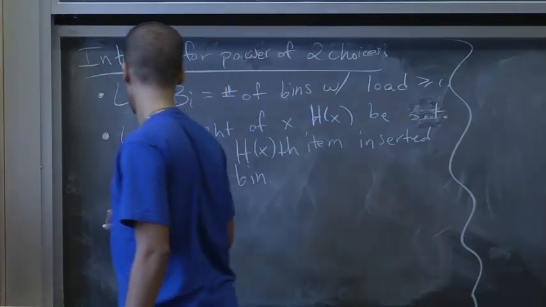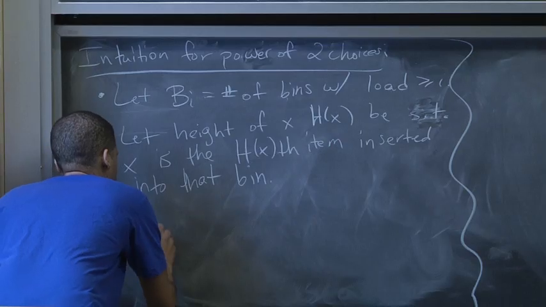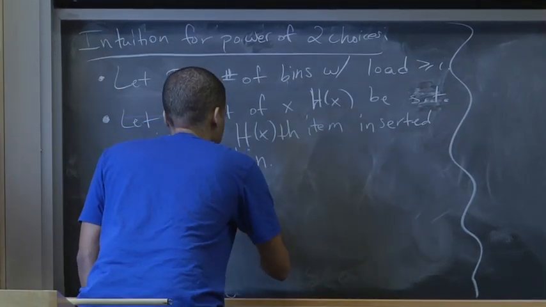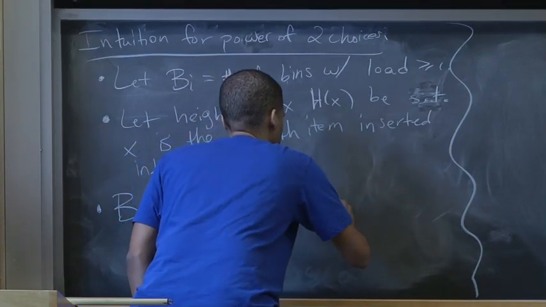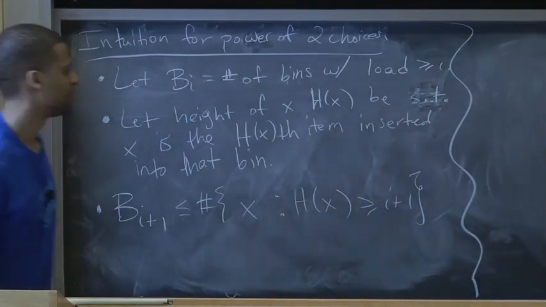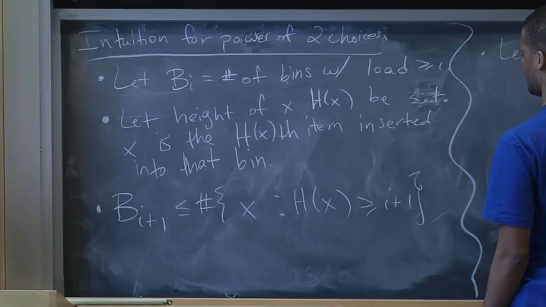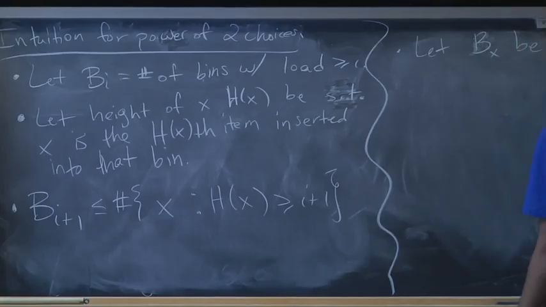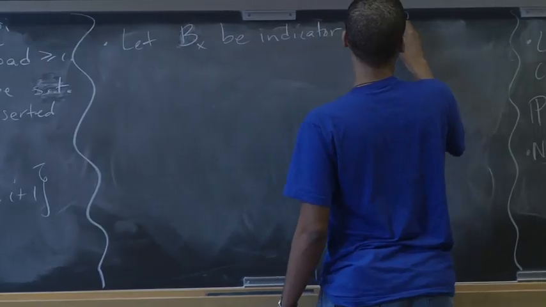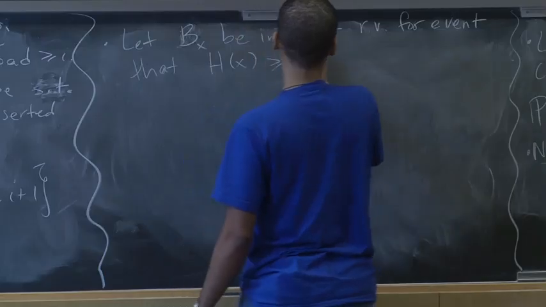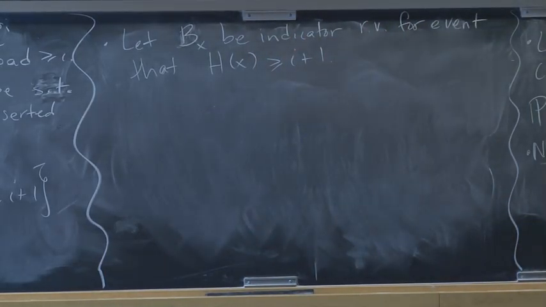I know that B_{i+1} is at most the number of items x such that the height of x is at least i+1. Let b_x be an indicator random variable for the event that h(x) is at least i+1.